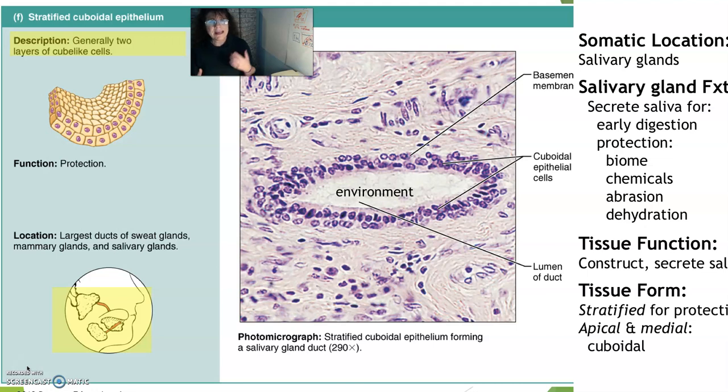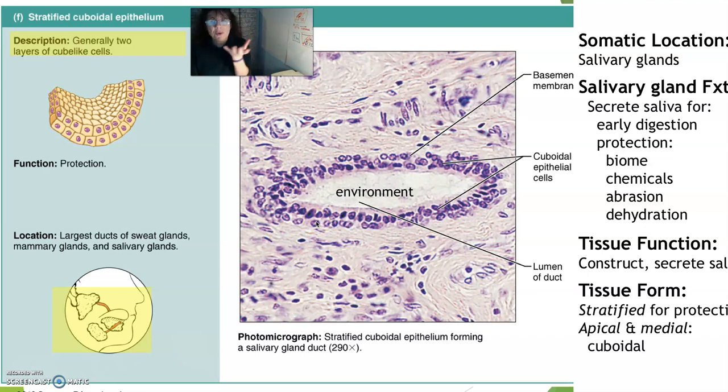So it would need several layers of that protection. The apical and the medial layers of this stratified tissue in salivary glands are going to be cuboidal cells, and you see them here as nice little squares in at least two layers there.